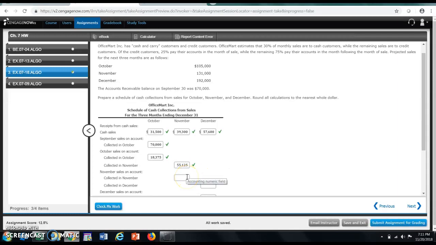Okay, what about November? So November, we have $131,000. We collected $39,300 in cash. So that means my balance in receivables is $91,700. In the first month, I'm going to collect 25%. So if I multiply that by 25%, I will get $22,925.